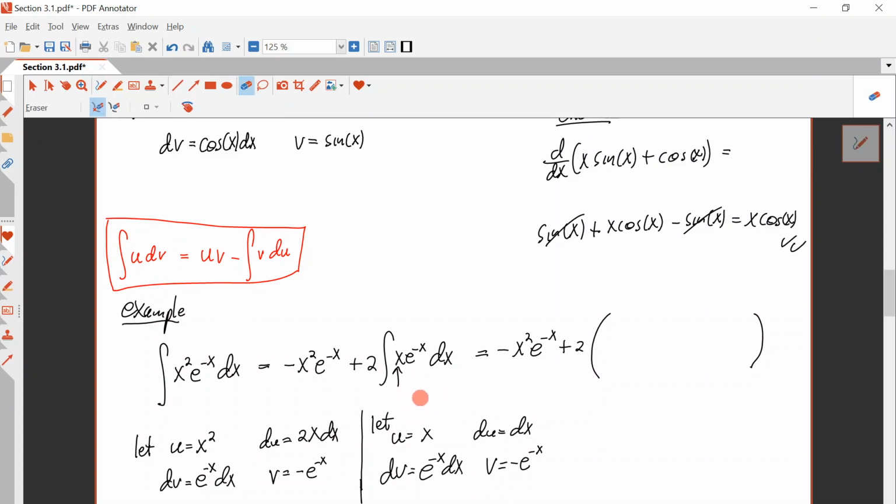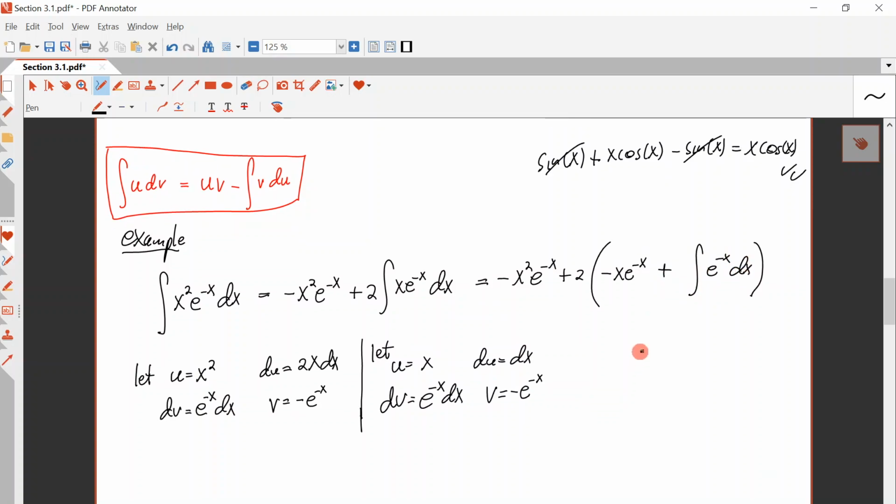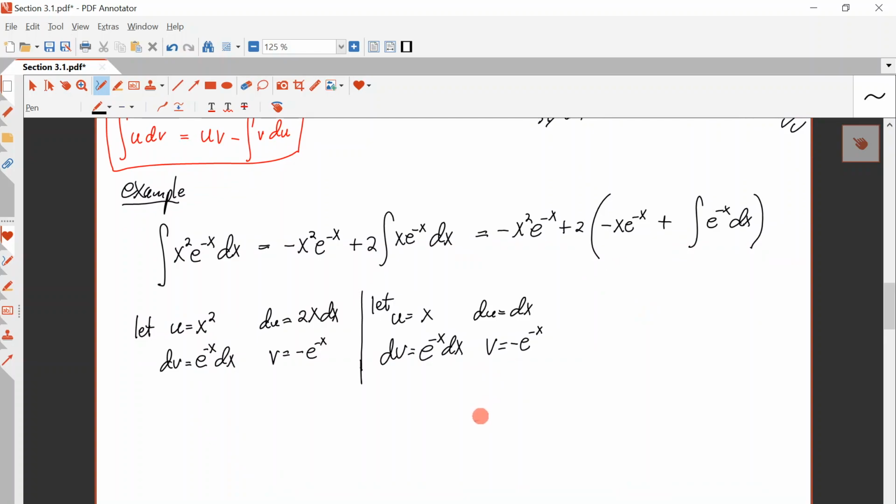So that's going to be equal to u times v, so minus x e to the minus x, minus the antiderivative of v du. So v du is minus e to the minus x. Bringing that minus sign out front becomes plus the antiderivative of e to the minus x dx. Almost done.